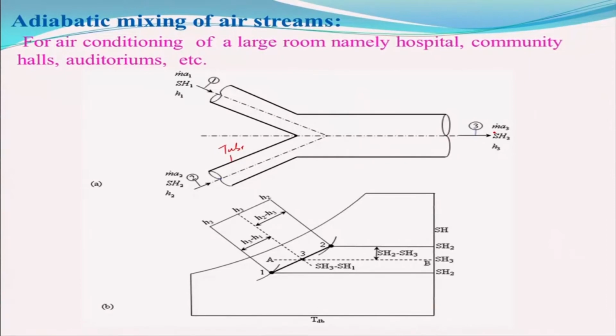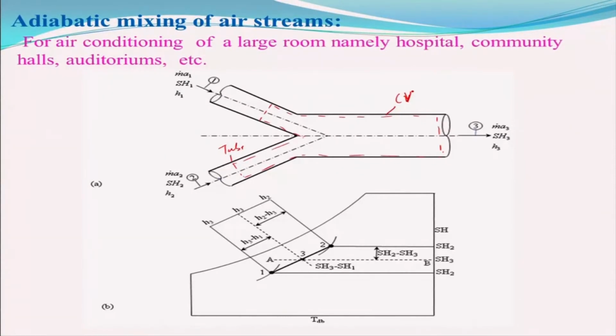So I need to analyze it. What I will do is take a control volume, something like that. This is my control volume, and you can do the mass balance, energy balance and so on.